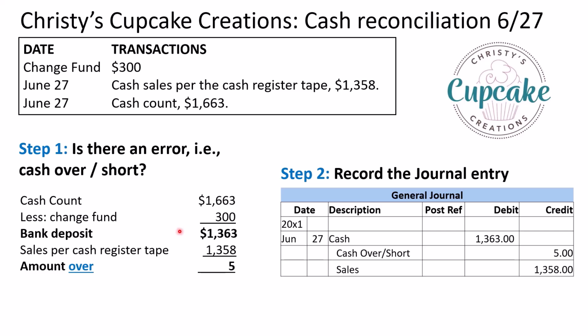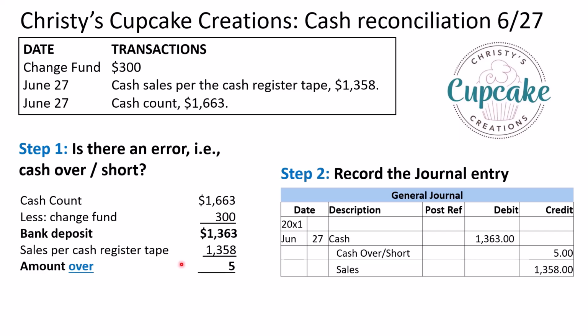Now we're going to compare what the business is going to deposit of $1,363 with the sales for the day of $1,358. And we find that the deposit is more than the sales by $5. In other words, we have more cash than we should have had based on the sales register tape. A cash overage is like a contra expense.